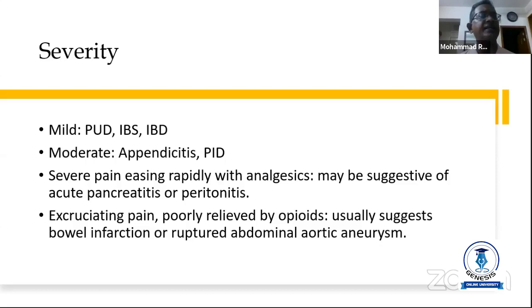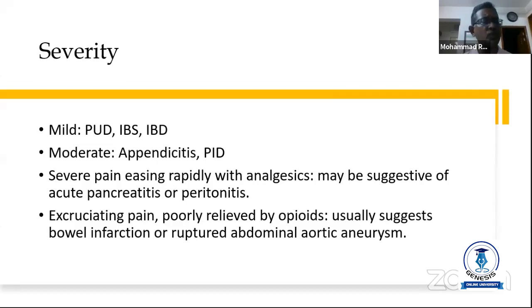In moderate cases, you can see appendicitis pain and pelvic inflammatory disease pain as moderate type of pain. Severe pain, usually rapidly mitigated by analgesics, like acute pancreatitis or peritonitis. There is some excruciating pain which is poorly relieved by opioid, like intestinal obstruction or ruptured abdominal aortic aneurysm.